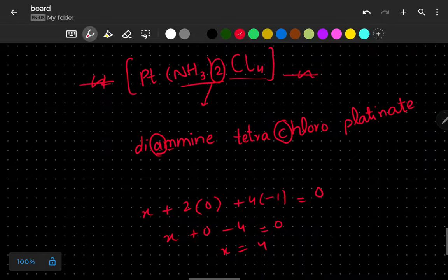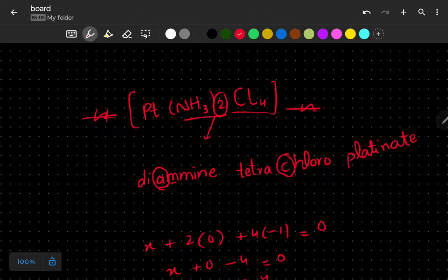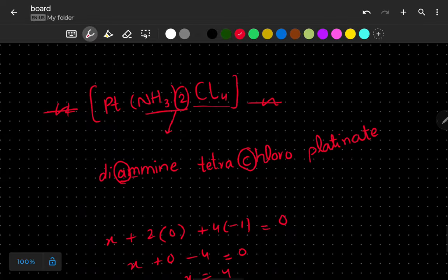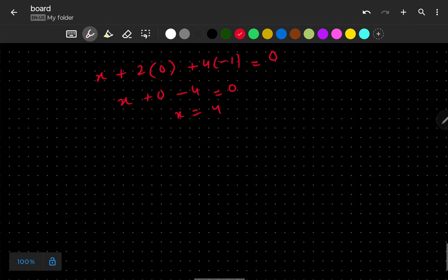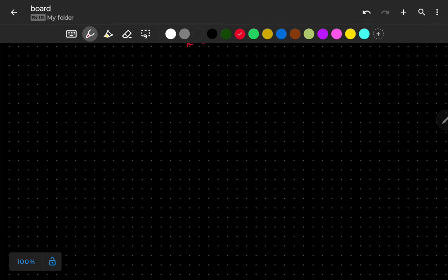This is not chosen as an anion, I mean it is not on the right side, it is neutral, so we will not choose platinate but platinum(IV). Diamminetetrachloroplatinum(IV).